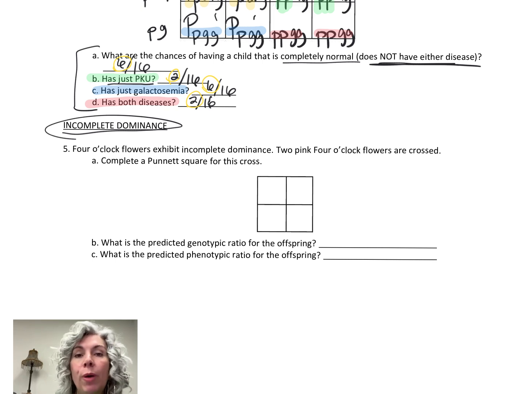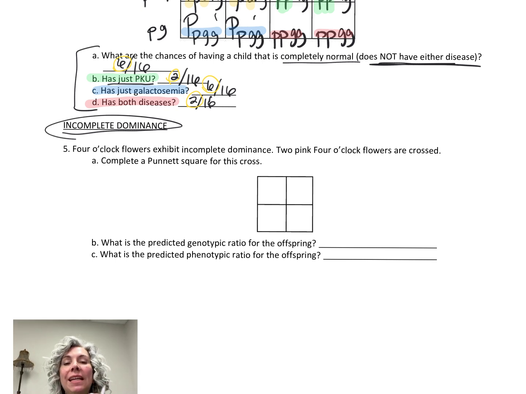Black, white make gray. Red, white makes pink. Red, yellow makes orange. So in incomplete dominance, you do not have a trait that masks the other. Instead, they're both expressed in a blending fashion. They blend, okay?